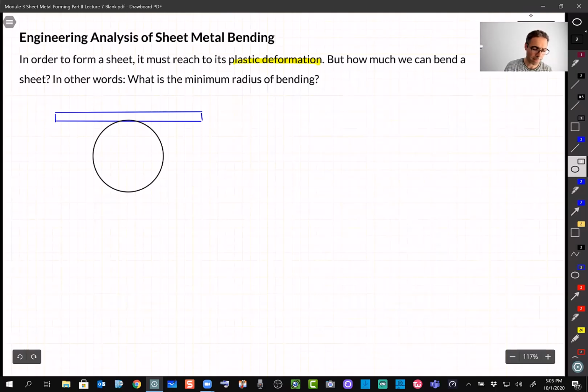Better now, all right? So of course I apply a bending load or a pure bending moment M to bend it. So how small can this radius be before we tear the material? So the question that we want to answer is, what is the minimum radius that we can get?